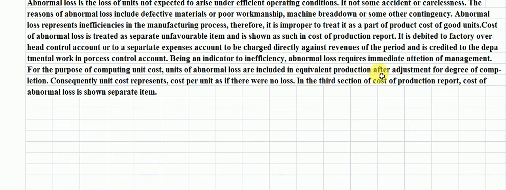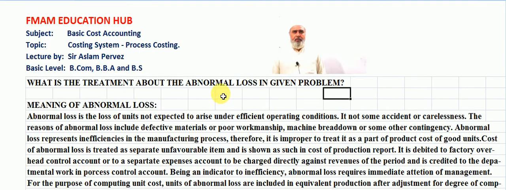Abnormal loss requires immediate attention of management. For the purpose of computing unit cost, units of abnormal loss are included in equivalent production after adjustment for degree of completion. Consequently, unit cost represents cost per unit as if there were no loss. In the third section of the cost of production report, the cost of abnormal loss is shown as a separate item. Dear students, this is the summary about abnormal loss. I think you understand this statement.